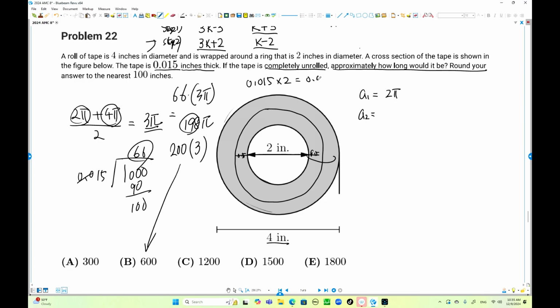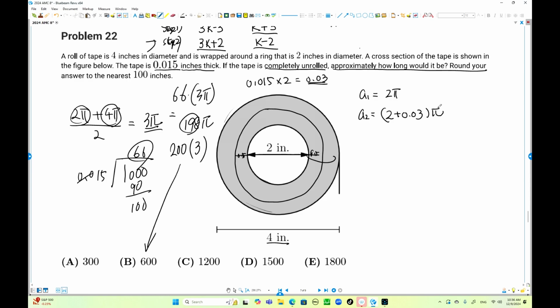So the second circumference is 2 plus 0.03, times pi.